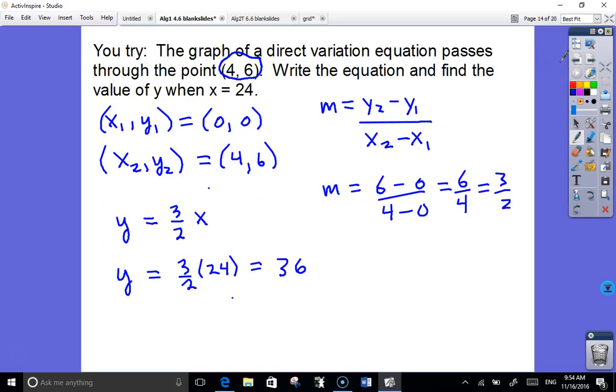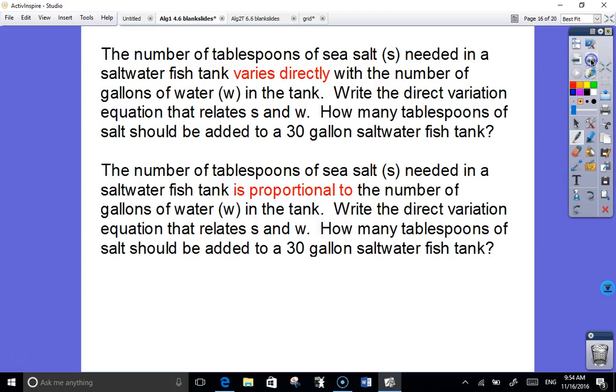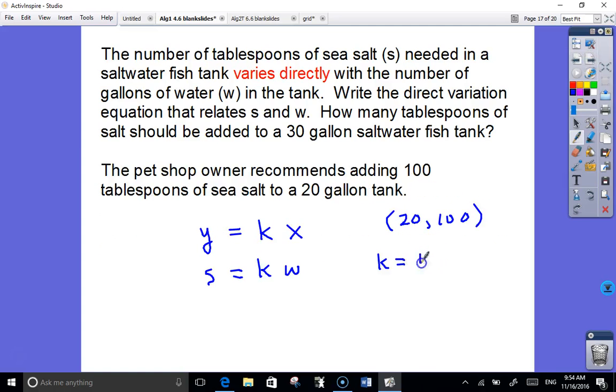It's the y divided by the x. In this case, it'll be the s divided by the w. So it'll be 100 divided by 20, which is 5. So here's our direct variation, right? S equals 5 times w.